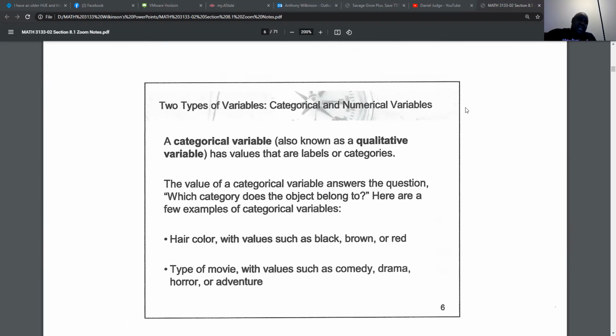And here are a few examples, like hair color. It could be black hair, brown hair, red hair, blonde hair. Those are categories. Or the type of movie could be a comedy, a drama, a horror, or an adventure.